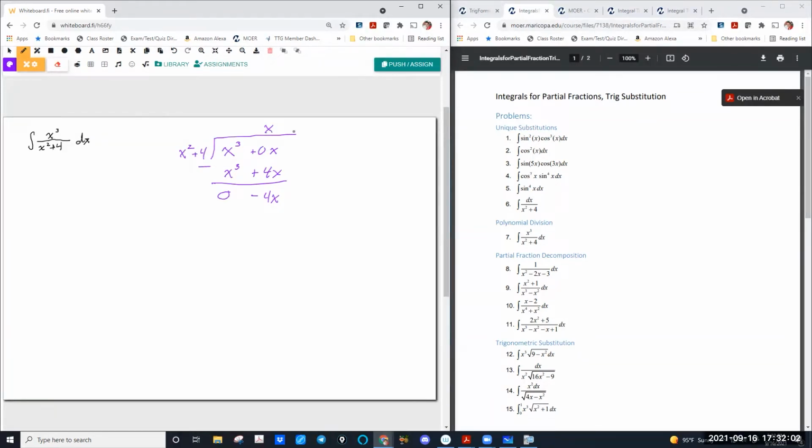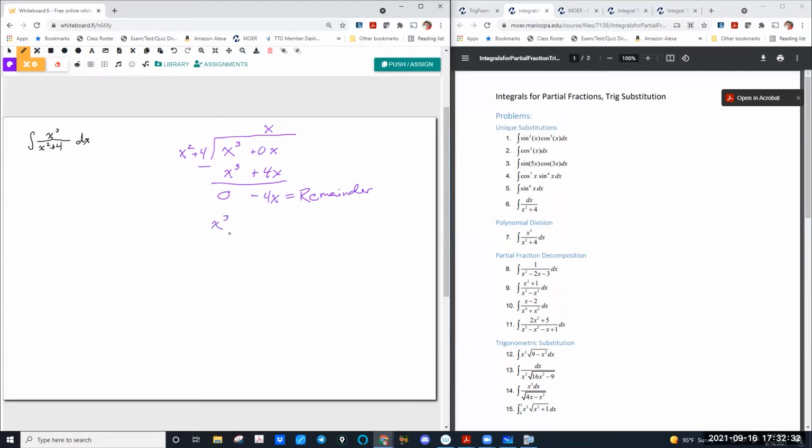Well, we already did x, so the only thing we'd have to do next would be a whole number. But there's no whole number I can multiply x squared by to get negative 4x to cancel. Yes, we could multiply by 1 over 4x, but we don't want to do that. We only want to keep this a polynomial. So we've gone as far as we can. This is the remainder.